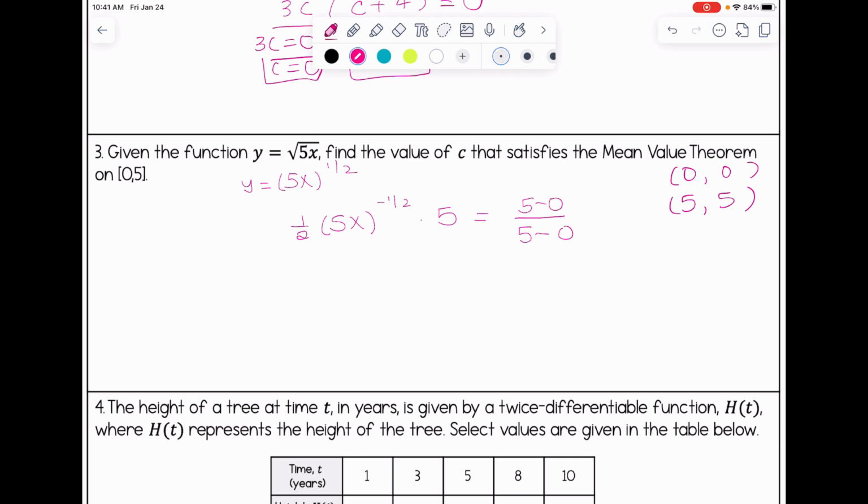So I really have 5 over 2 radical 5x is equal to 1. We could even put that 1 over 1 so that we could cross multiply here. So I have 2 radical 5x equals 5. And now let's solve algebraically to get x by itself.